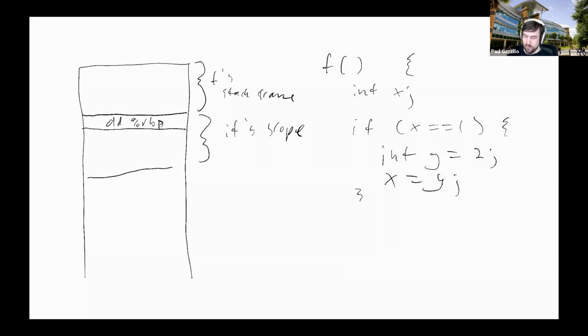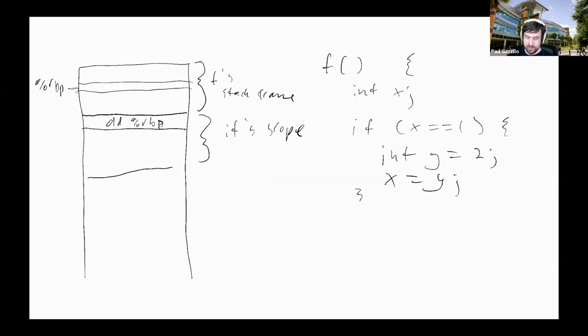So in this case, when we're executing the function before we enter the nested scope, RBP has the address of this function's stack frame.